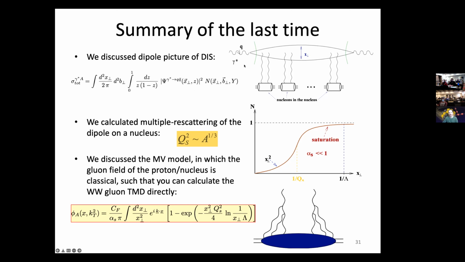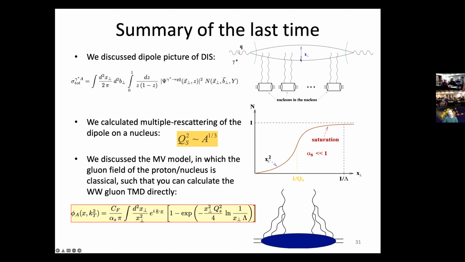The light cone wave functions are known. It's just a QED process. The photon goes into a quark-antiquark, could be even an electron-positron pair, right? A very similar wave function you would get there. So these psis are known, and all the QCD interactions are in the dipole amplitude.